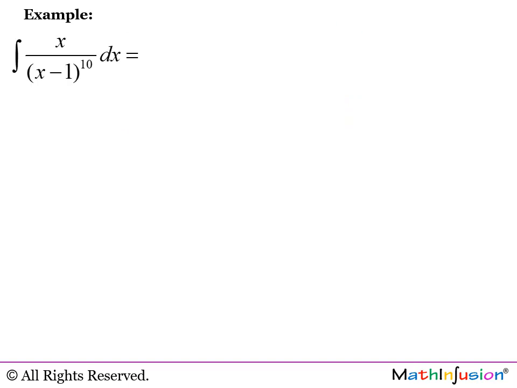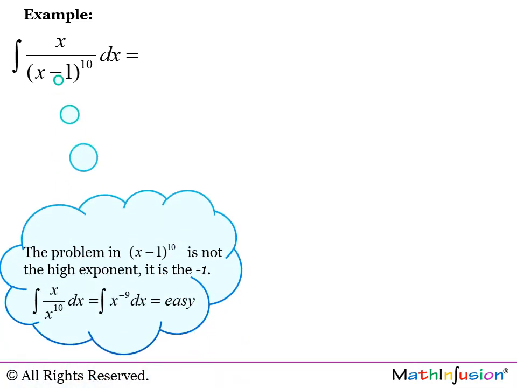Now we'll take something that is really similar to the one before, but now we know already what to do. Again, the problem is not the high exponent, but it is the negative 1. Because I just want to show you, if you have x over x to the 10, then it's really easy. Again, my u this time is going to be x minus 1.